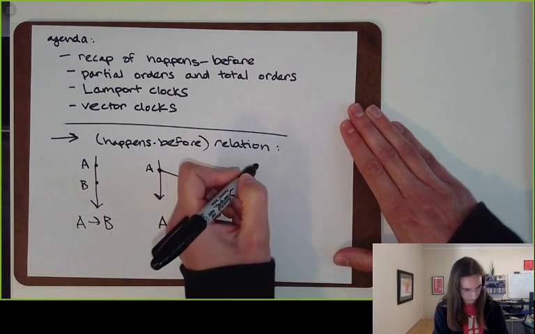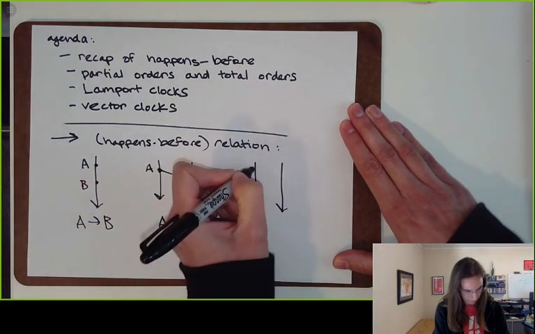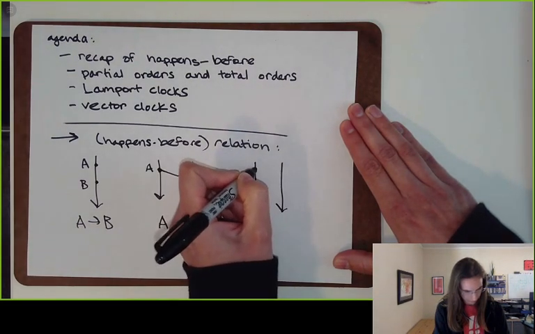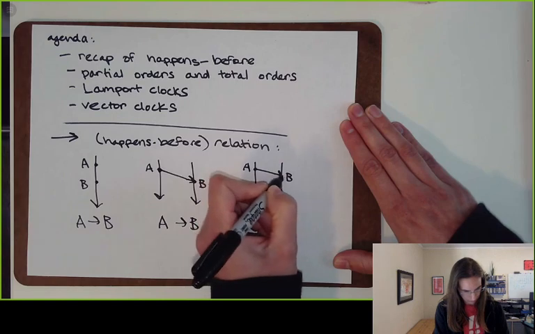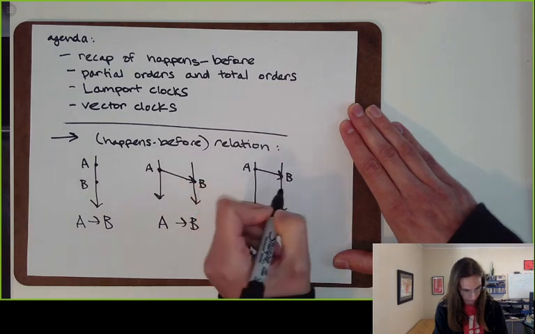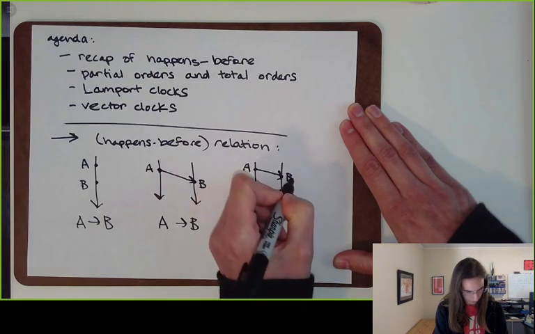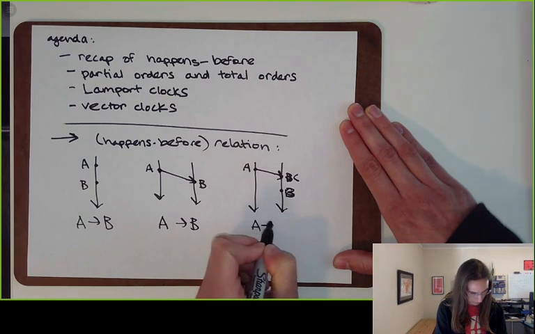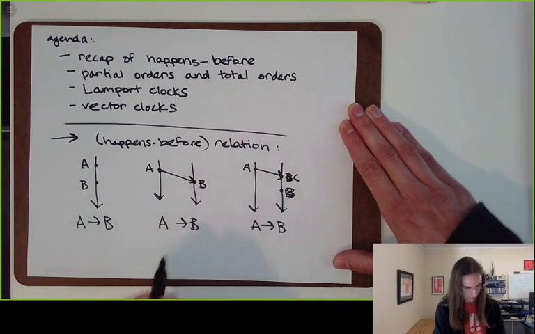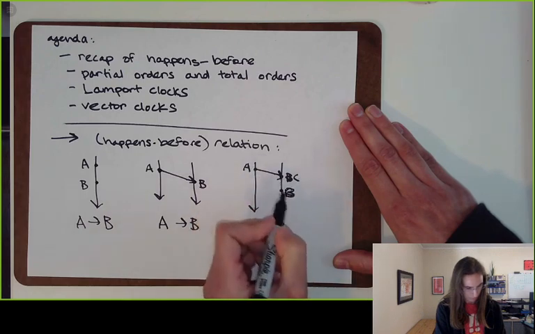So if you had, for instance, a message send that was event A, and the corresponding receive, call that B, and C here. Actually, let's call this one C and this one B. Then you know A happens before B because these 2 events are related by happens before, and so are these.